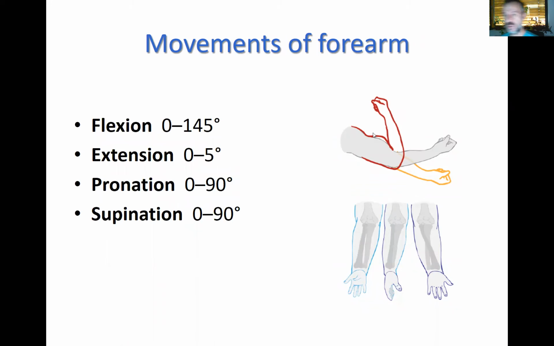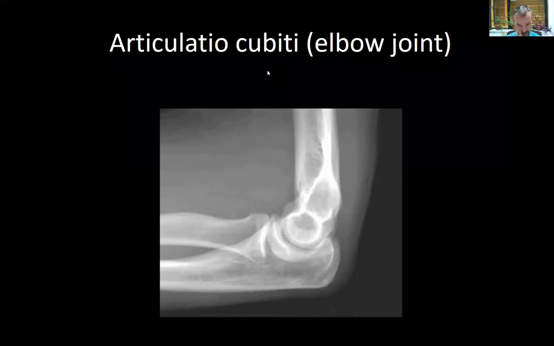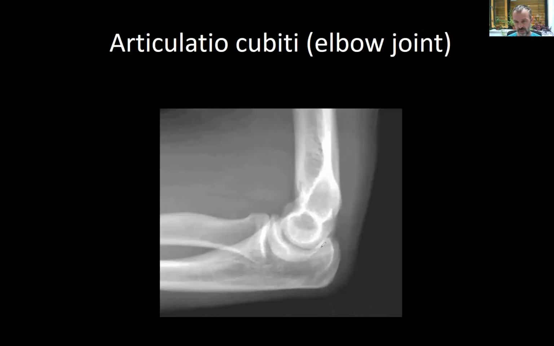So that's extension and flexion, and of course movements of the forearm in the sense of pronation, supination, that's 90 degrees to both sides. So that's all for the movements. And now some x-rays. On the x-ray here you can see the olecranon here.